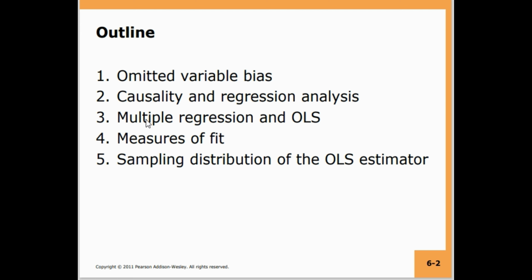So we are going to try to see how we can estimate the regression coefficients using the ordinary least square methods. Then we are going to look at the measures of fit of the model, which has many regressors in it. And finally, we are going to again look at the sampling distribution of the OLS estimator so that we may be able to test certain hypotheses about the estimated parameters.